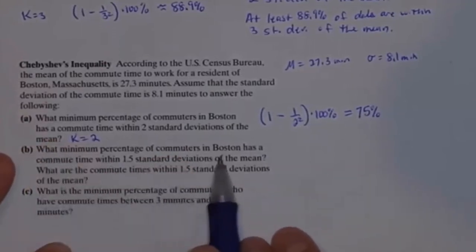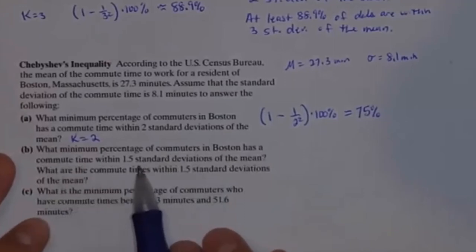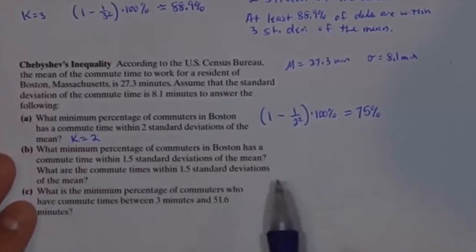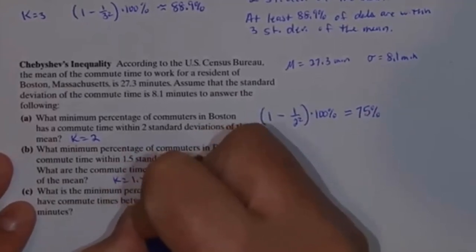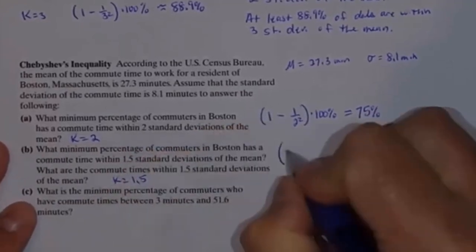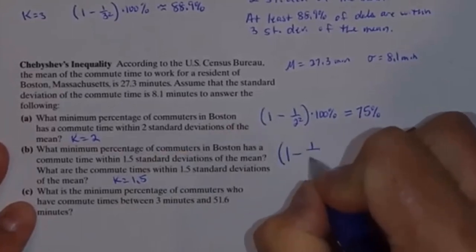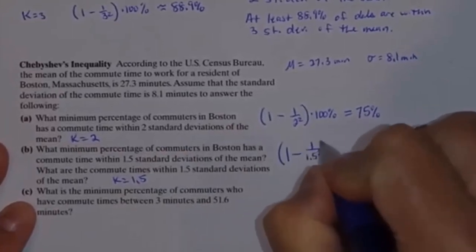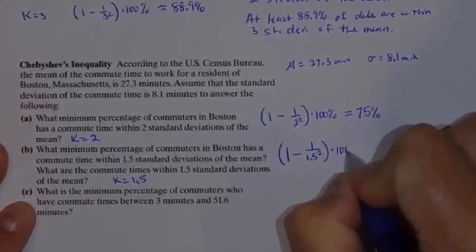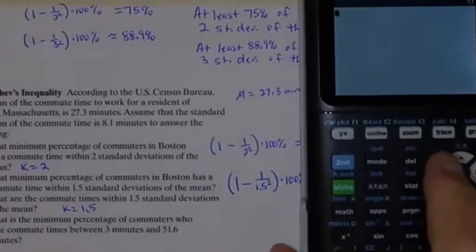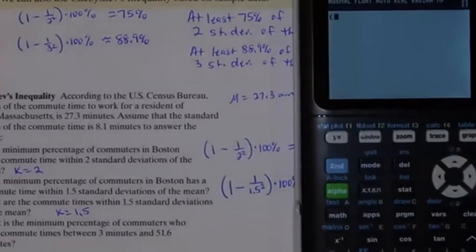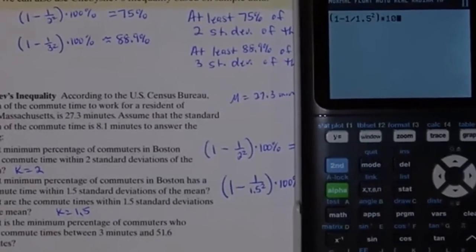What minimum percentage of commuters in Boston has a commute time within 1.5 standard deviations? Well, that means k is equal to 1.5. So I can do 1 minus 1 over 1.5 squared, times 100. So if I pull this back in, I'm going to do 1 minus 1 divided by 1.5 squared, close parenthesis, times 100.